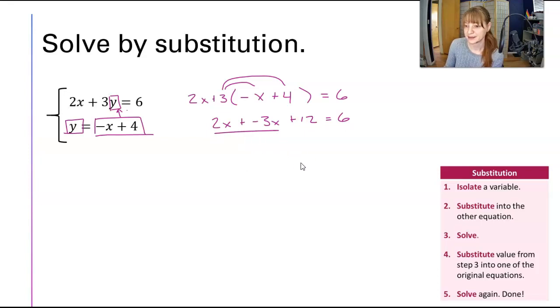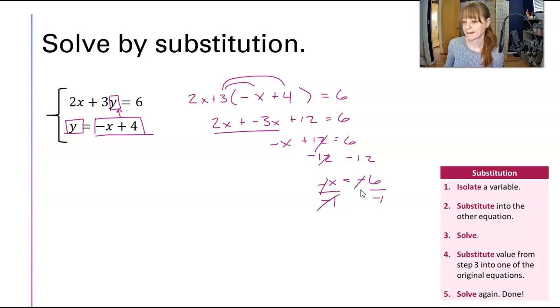I'm going to combine my like terms here. 2x minus 3x is negative 1x. And we're getting x by itself, so I subtract 12 from both sides. I get negative x equals negative 6. Divide both sides by negative 1. And we get x equals 6.